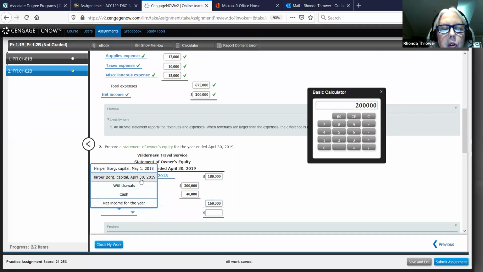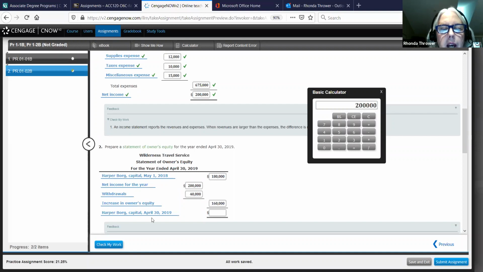Now, the last step of the statement of owner's equity is to find the ending capital for the year. So we're going to choose the owner's name, capital, April 30th, which is our ending date, the end of the year balance, and we're going to have to determine what our ending balance is. So we had a beginning balance of $180,000.